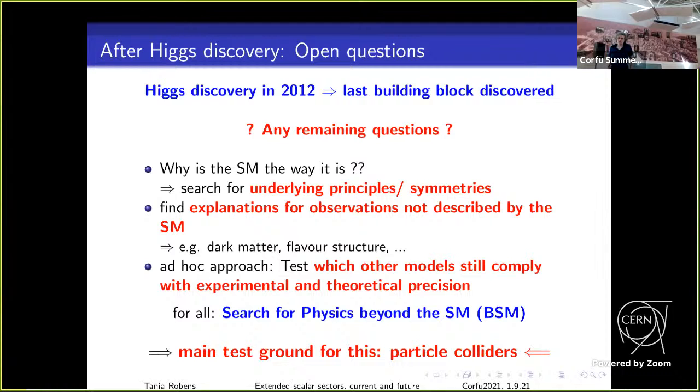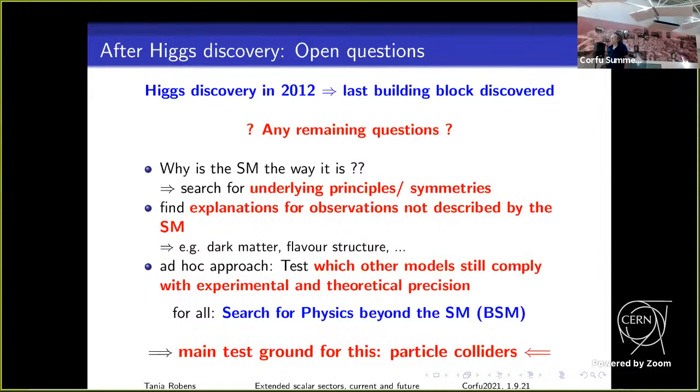So there are some introductory slides. I think I can go very quickly because most of these things have already been said in earlier talks today. Usually one says after the Higgs discovery in 2012, the last building block of the standard model has been discovered. What are the remaining questions? One can ask, why is the standard model the way it is?